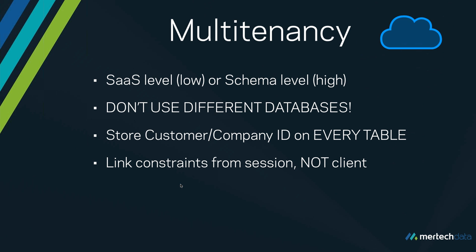At the other end of things, we have a high-level SaaS multi-tenancy implementation that would involve having a single database schema serving multiple companies or customers, multiple tenants, all running on a single instance. And this is the situation we're going to be talking about here, where you have one database that has to serve all of these different customers, and you need this isolation of the data between these customers.